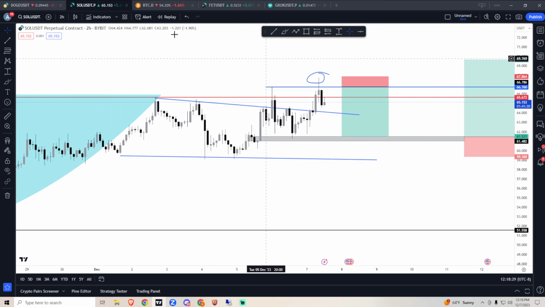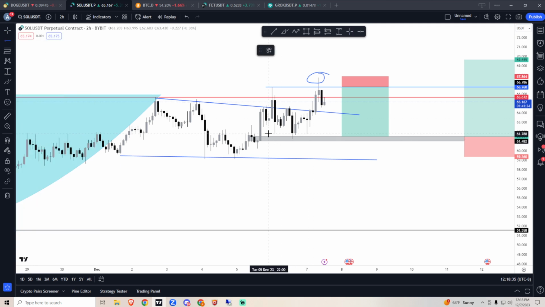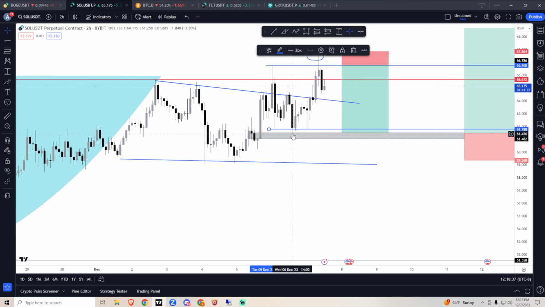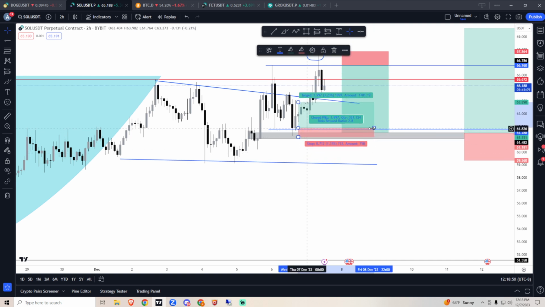Here was the swing low. We took out this low here and we closed above. So what you would have done is market long the next candle, which opened right here, and the stop loss was below the wick.